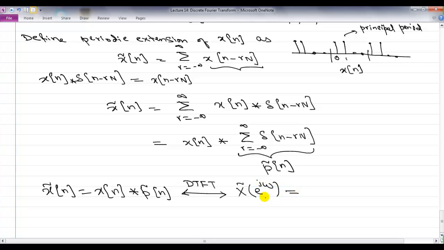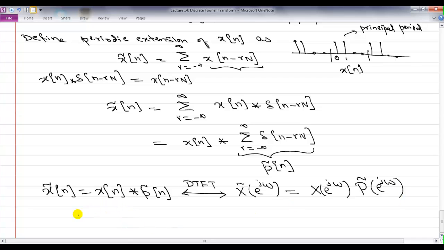Okay. So if I'm convolving two sequences, what do I get in time? What do I get in the discrete time Fourier transform? I get their multiplication. So I get X of e to the j omega times P tilde of e to the j omega.